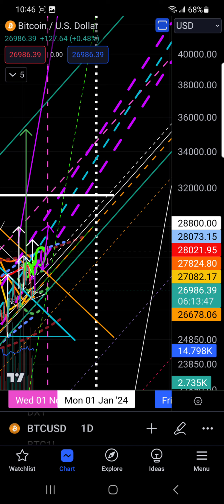All that stuff is based off formulas that come from the price action. And lines on a chart are formulas.